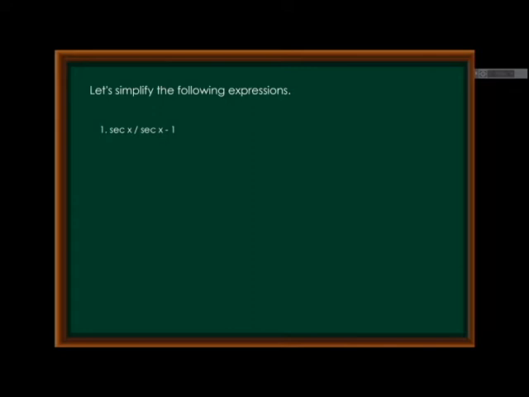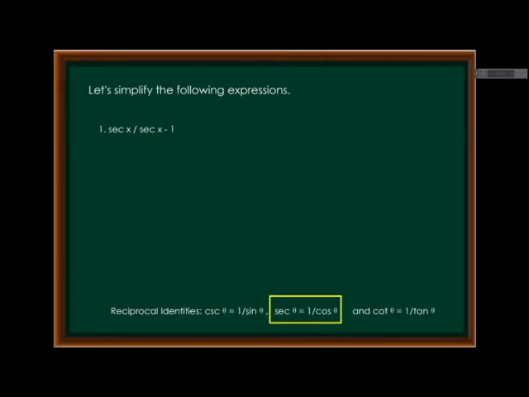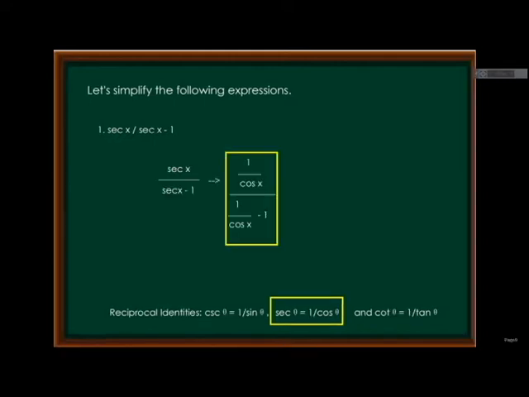When simplifying trigonometric expressions, one approach is to change everything into sine or cosine. So first, we can change secant to cosine using the reciprocal identity. As you can see, secant is equal to 1 over cosine. So the secant in our given expression will be replaced by 1 over cosine, and it will look like this. 1 over cosine over 1 over cosine minus 1.